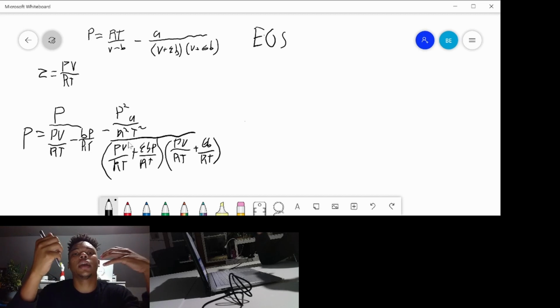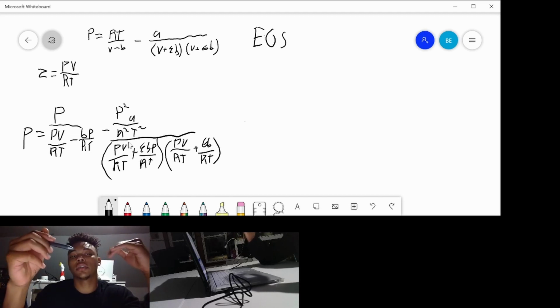Now we need to multiply everything by V over RT so that we can get a compressibility factor on the top and bottom of many of our terms.